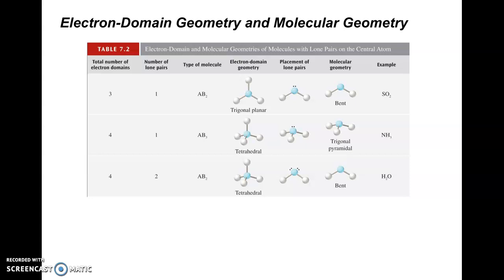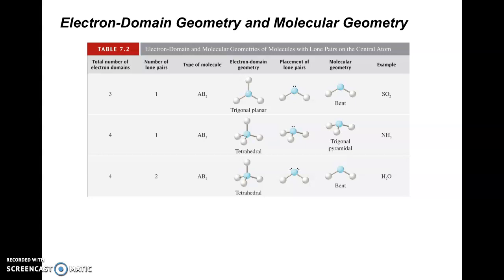In the next one, the example is ammonia, NH3. And when you work out the Lewis structure, you see there is a lone pair of electrons. And so you have a central atom, which would be the nitrogen, 3 hydrogens around it, and then a lone pair of electrons. And you can see that in the 5th column.